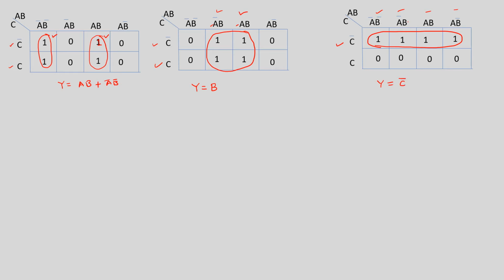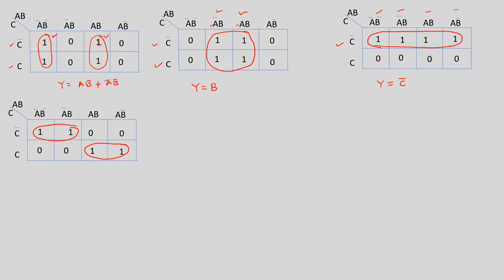See this case, here again two pairs can be formed. These two pairs are like this. This is one pair and this is another pair. So answer for these pairs: for this pair A bar is remaining as it is, but B bar is changing.